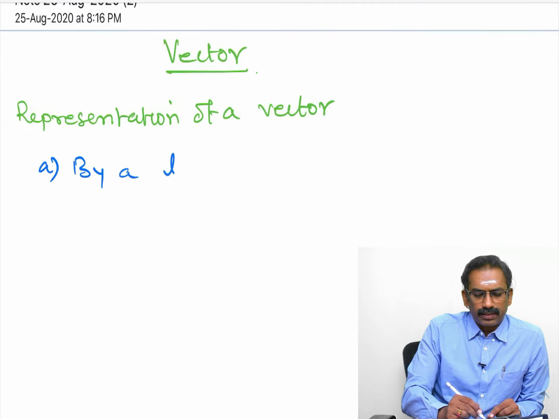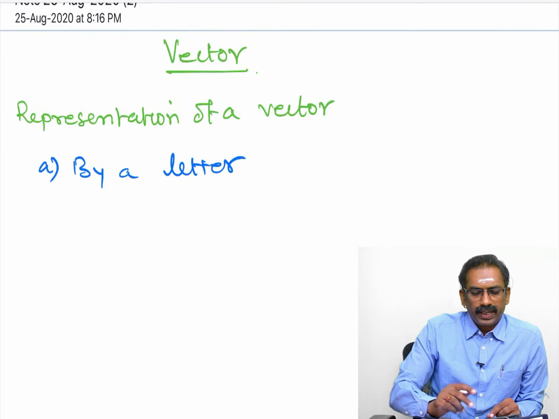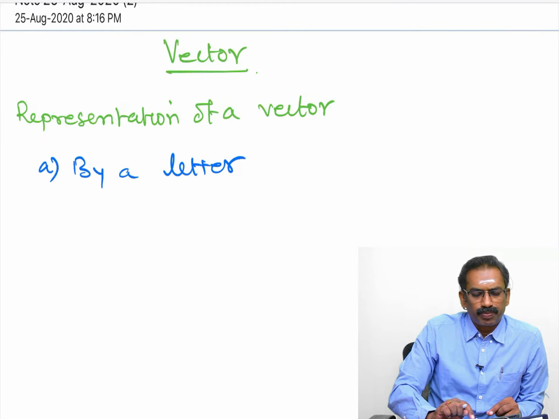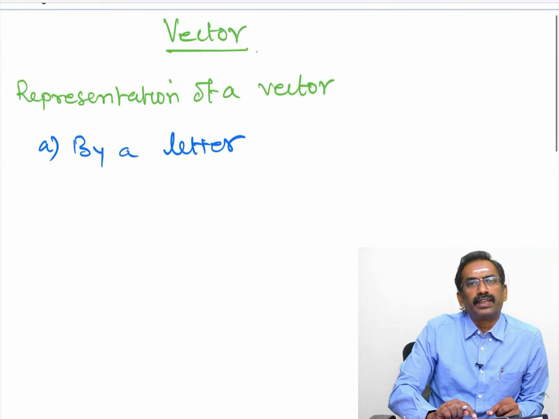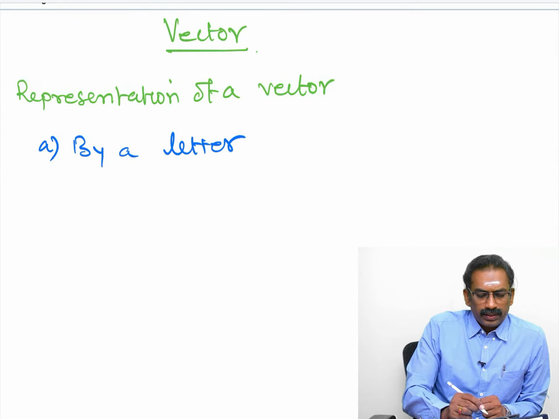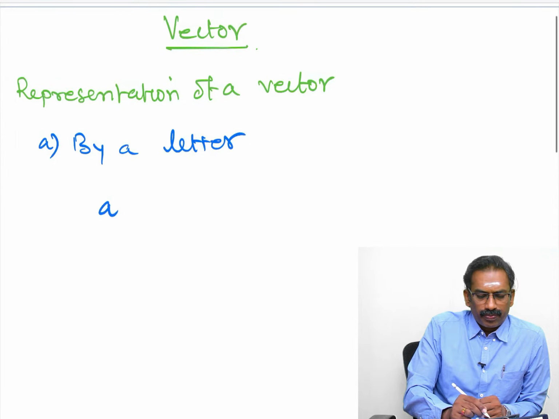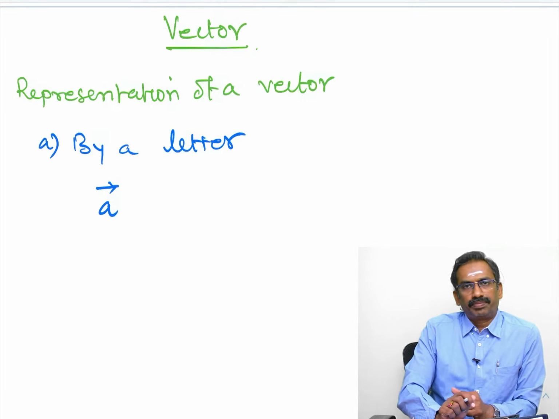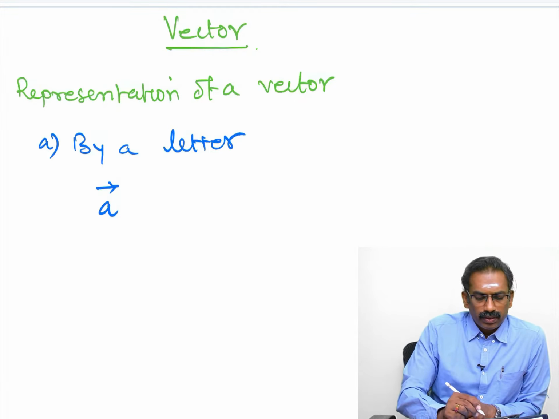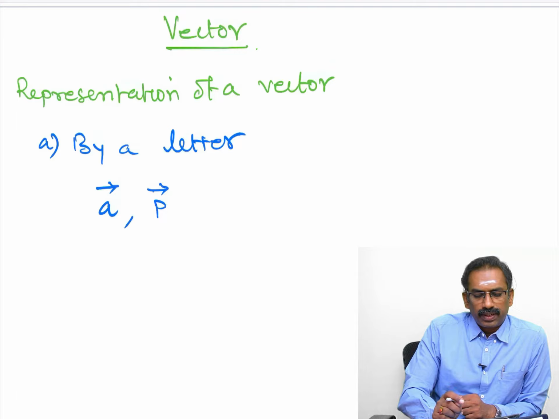By a letter, we can represent a vector by any letter. Say A vector, letter with arrowhead. P vector, likewise we can represent by a letter.